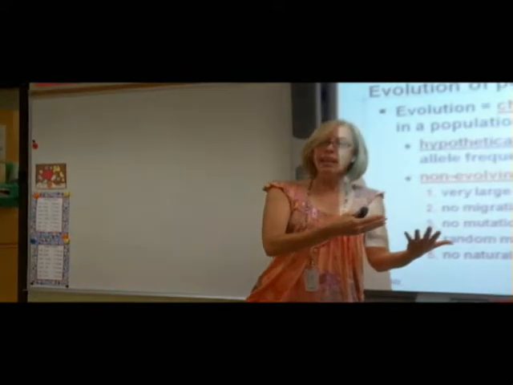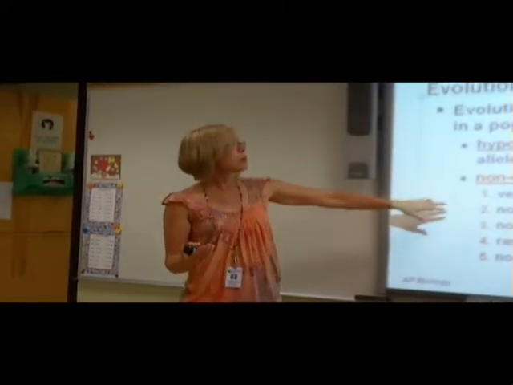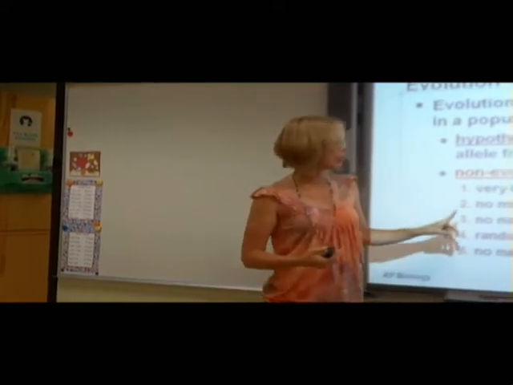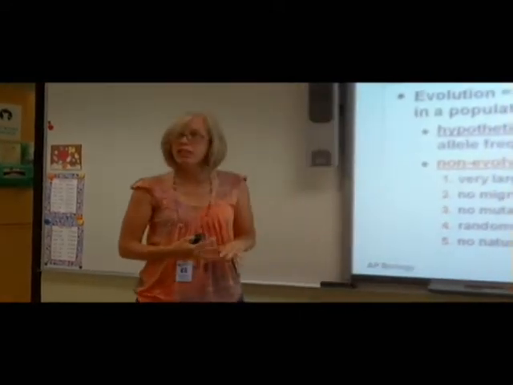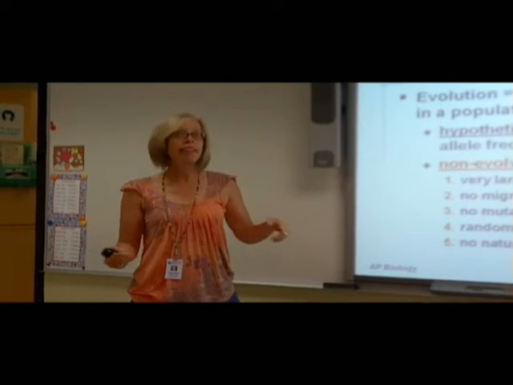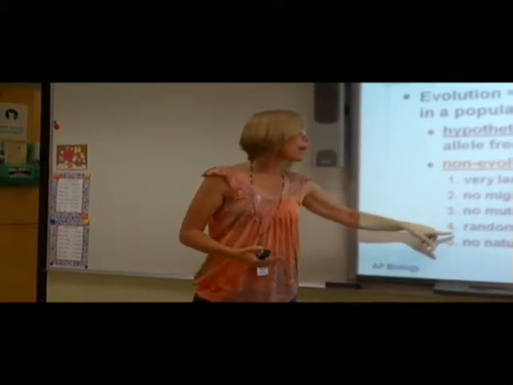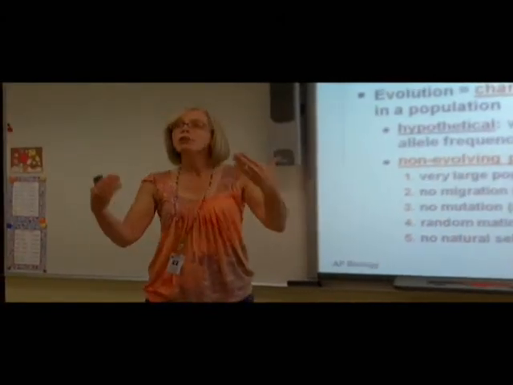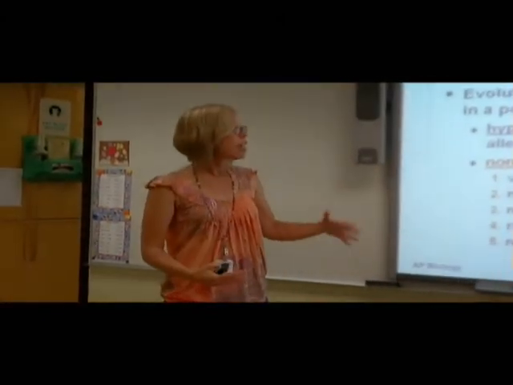No migration, no movement in, and no movement out. Remind yourself which one is immigration and which one is emigration. No mutations, no genetic change. What's the likelihood of that happening? Random mating, no sexual selection, and no natural selection can occur.